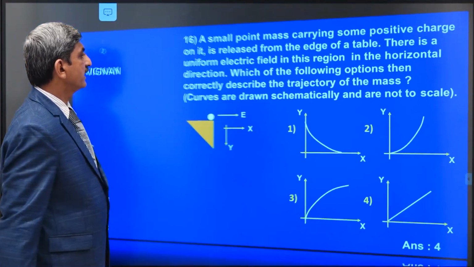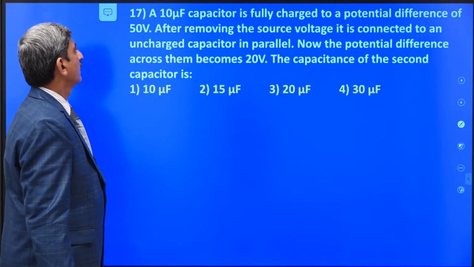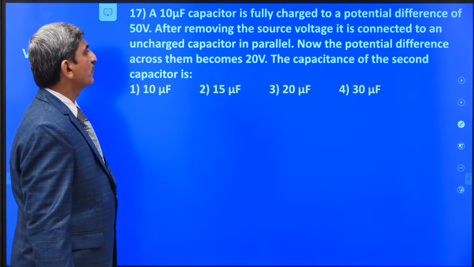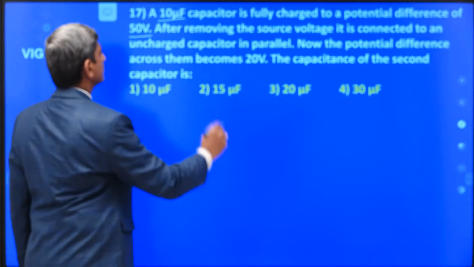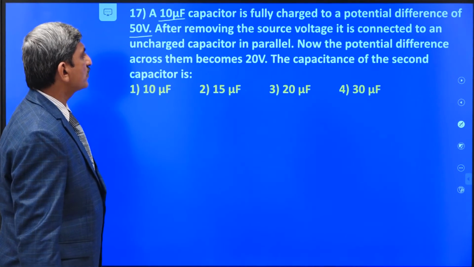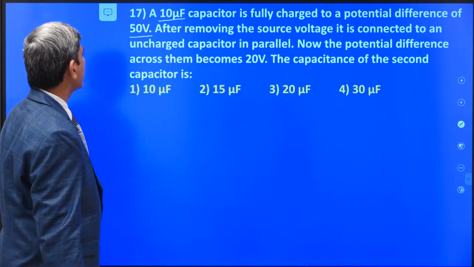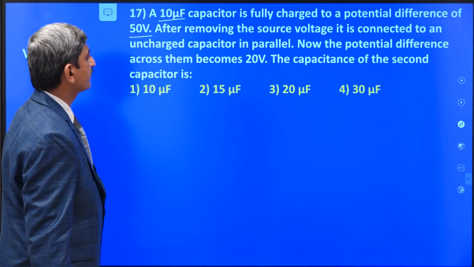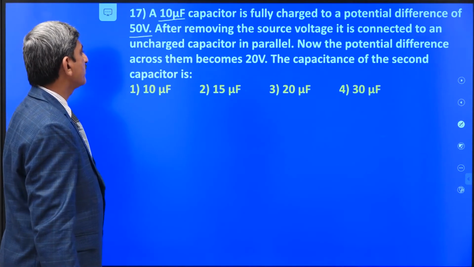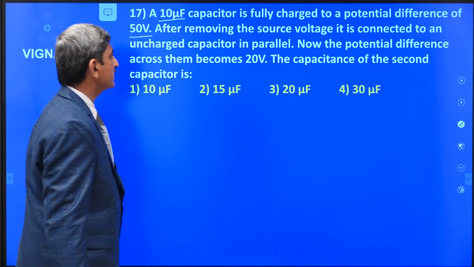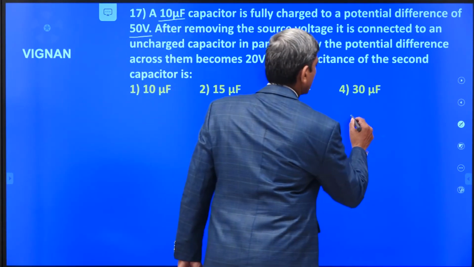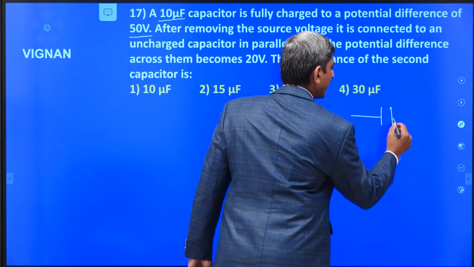Come to the next problem. A 10 microfarad capacitor is fully charged to a potential difference of 50 volts. After removing the source voltage, it is connected to an uncharged capacitor in parallel. Now the potential difference across them becomes 20 volts. The capacitance of the second capacitor is dash. See this here. This is the first capacitor.